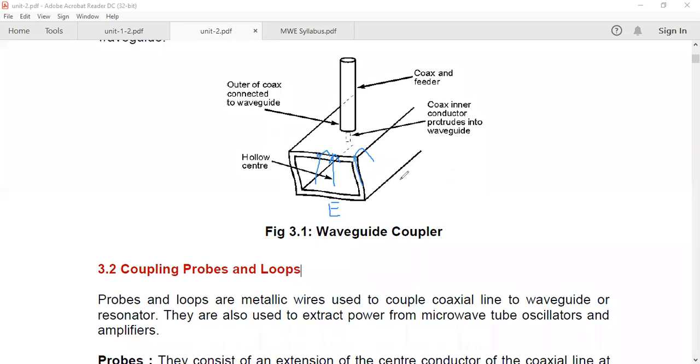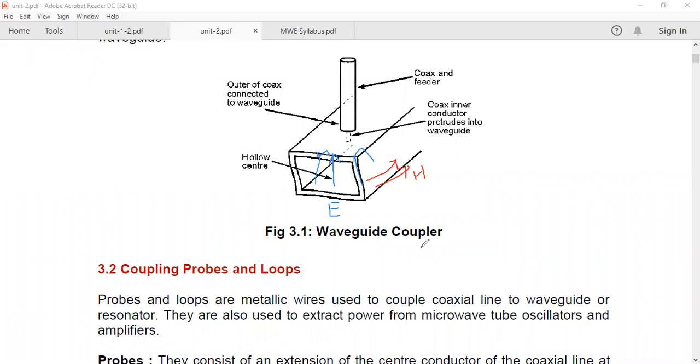Now loops. Loops means, we take it like this. These are the magnetic field lines, this is the H. Loops are parallel to the magnetic field lines, and probes are parallel to the electric field lines.